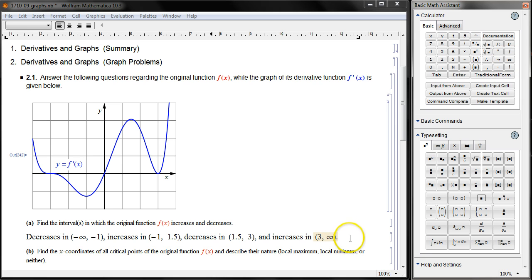If you write like this, you just earned automatic 0 credit because you answered everything based upon the derivative function.